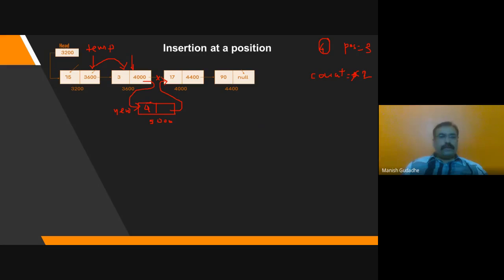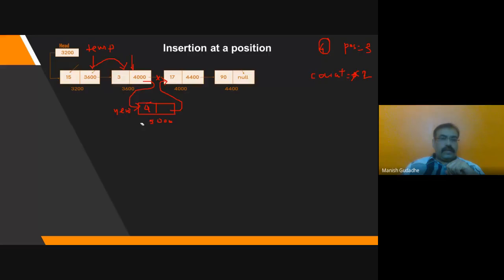So what will happen now? 15, 3, 4, 17, 19. So in insertion at a particular position, we are destroying one link and creating two new links. But the sequence of creation of these two links is also very important.